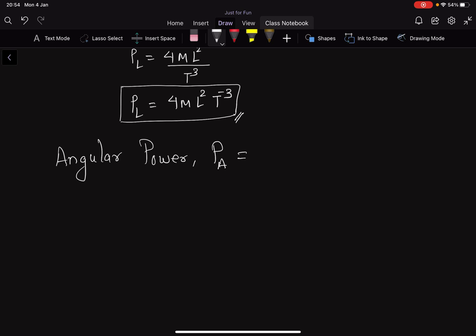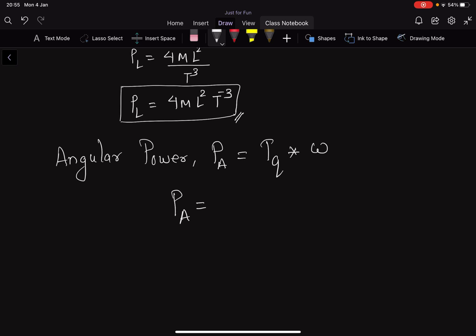And the relationship for the angular power is going to be torque multiplied with your velocity, which, again, if you're talking about torque, then it should be angular velocity, not linear velocity, which is omega. So that's the relationship.